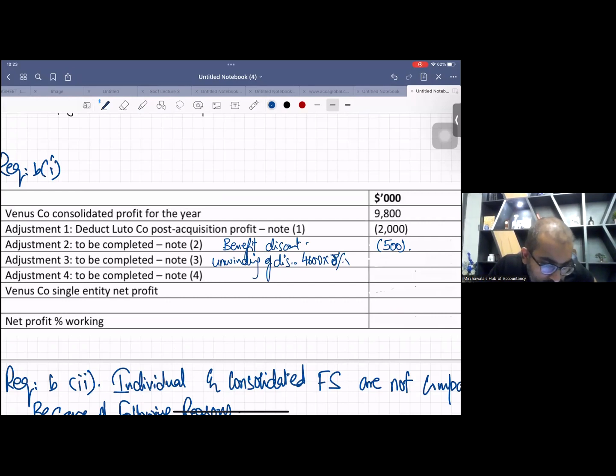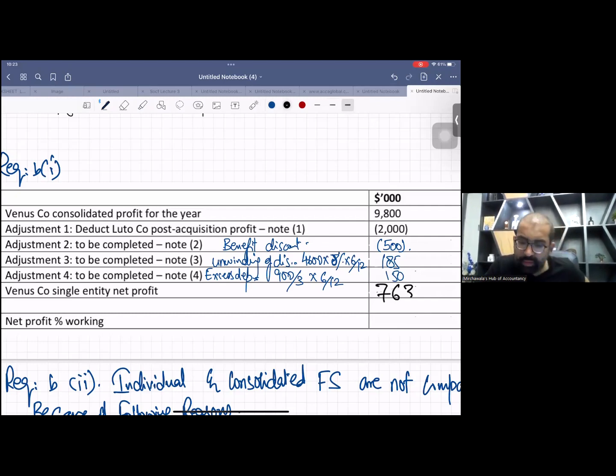It was 185. Then adjustment number 4 is excess depreciation. 900 divided by 3 times 6 upon 12. It was 150. So your final profit is 7635.